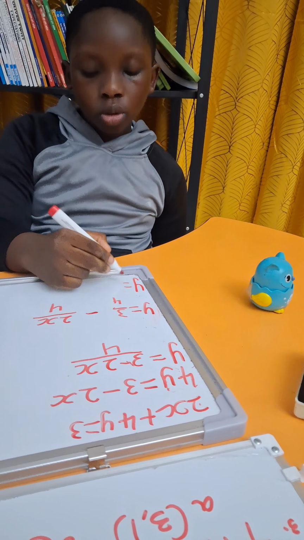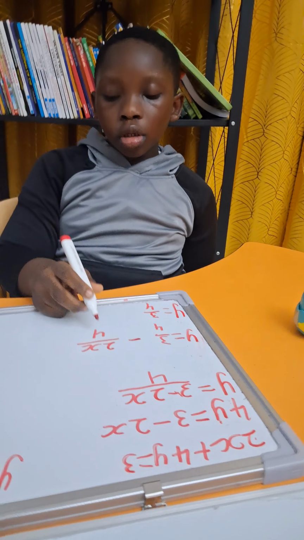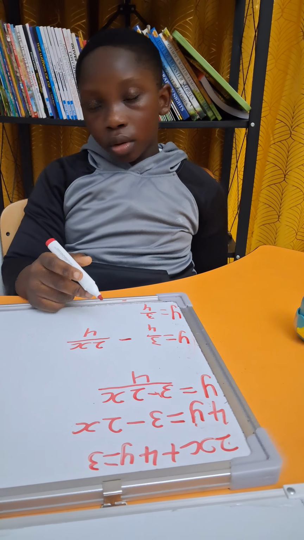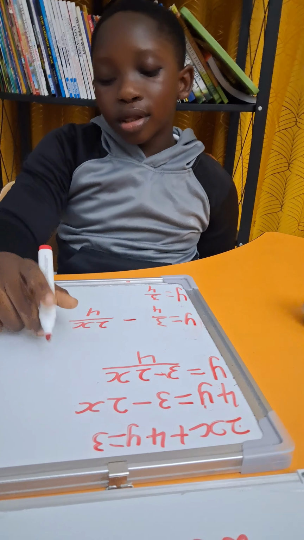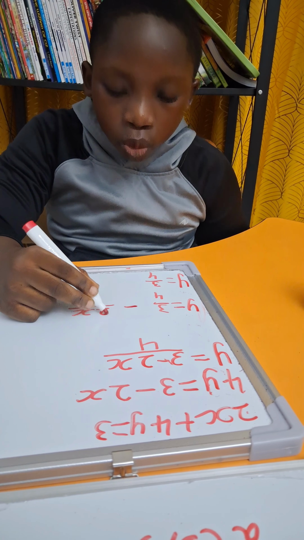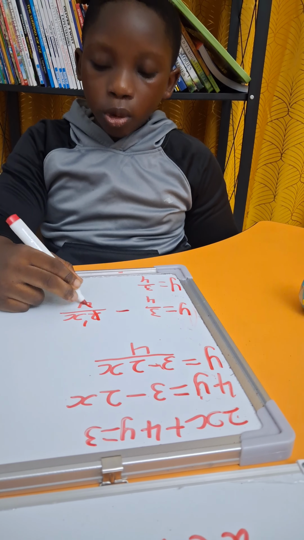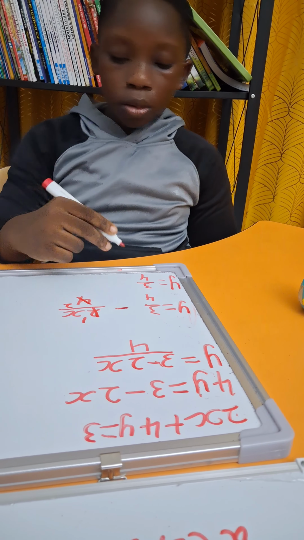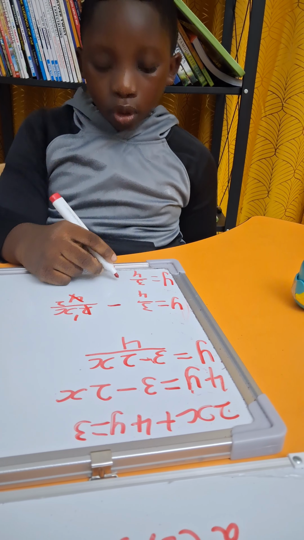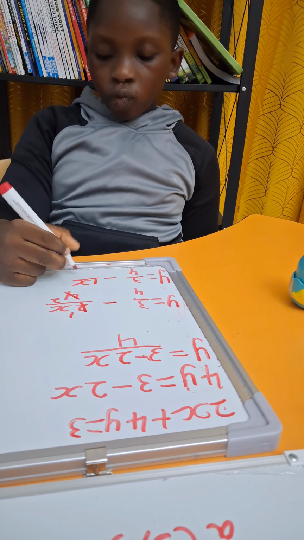Then the negative 2x over 4, we can break this one down by 2. So 2 will go into 2 once, and 2 will go into 4 twice, which leaves negative 1x over 2.